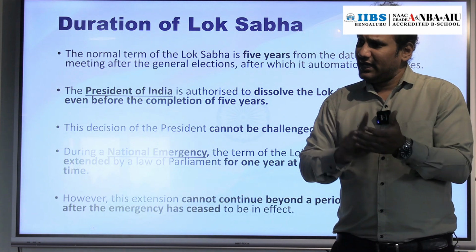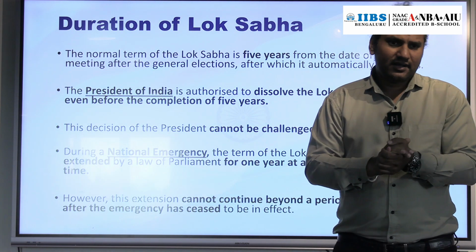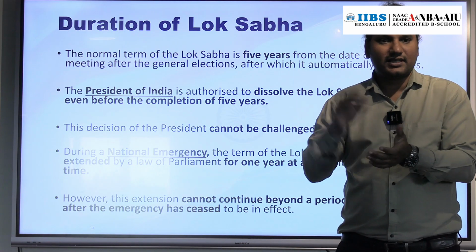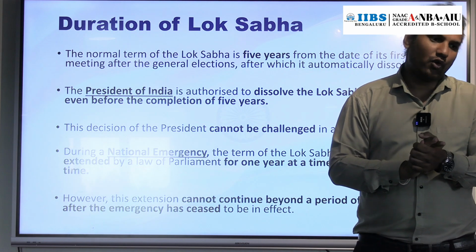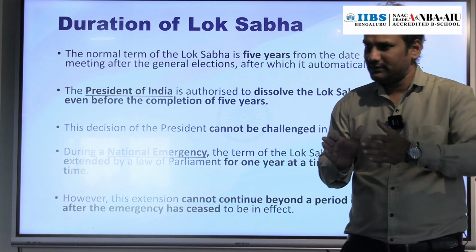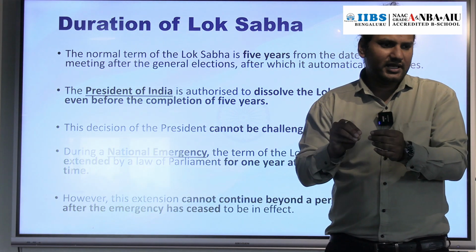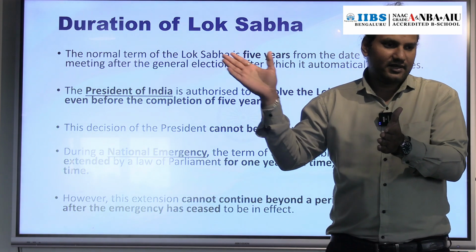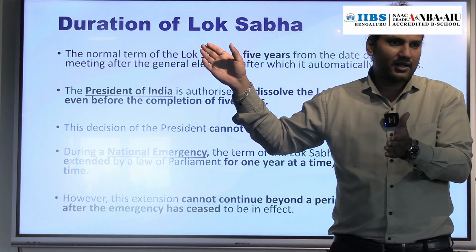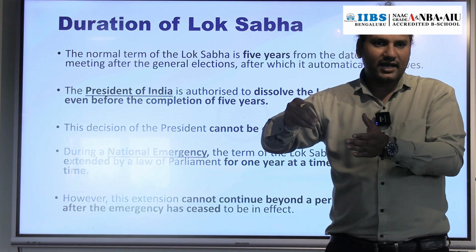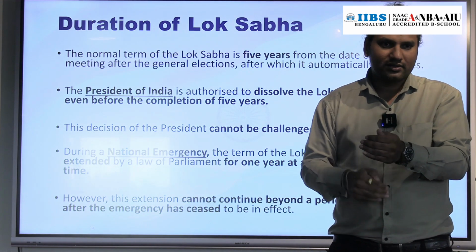But remember, if the emergency ceases, then within 6 months the Lok Sabha tenure will also be over. For example, in the month of January they have extended the Lok Sabha by 1 year. Then in the month of March the emergency is revoked.